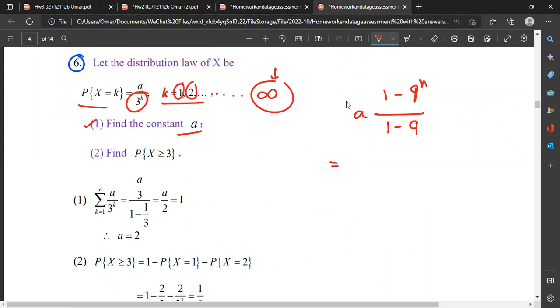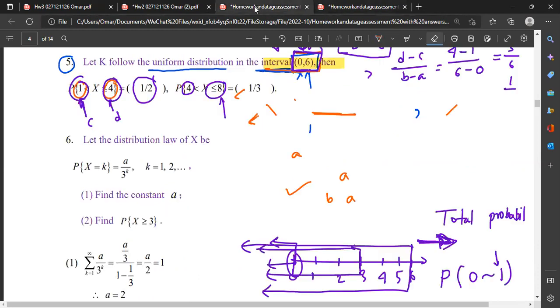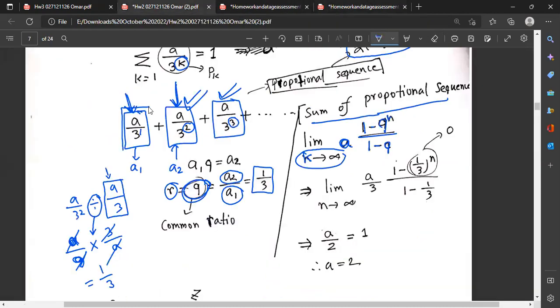So what is a? A is the first number. If you look here in my notes, the first number here is a by 3, right? In the formula, this is the value of a. So a is a by 3, the first number of the sequence.